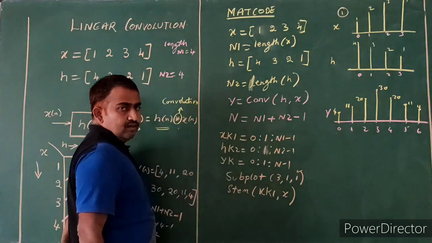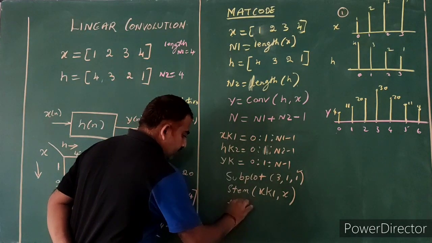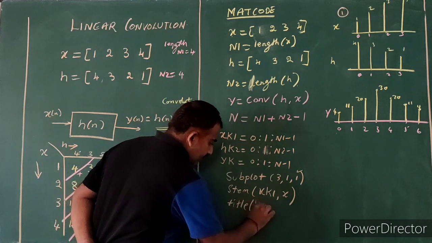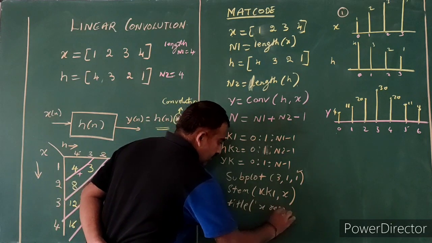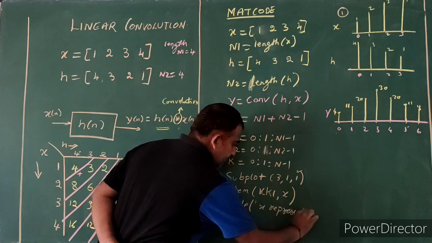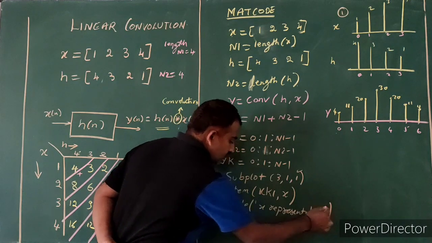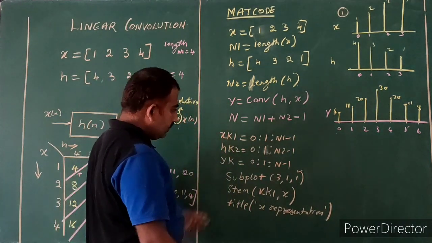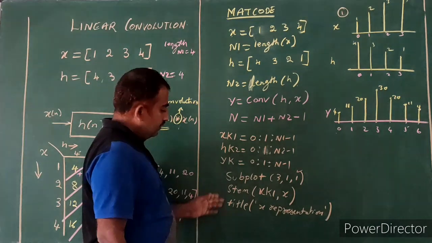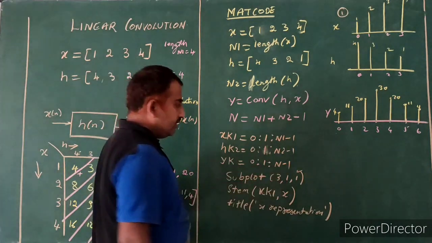Okay, this is the representation. Now here we want a title; you can add the title x representation within single quotation marks. Okay, clear? The same method we have to do for the other two graphs.